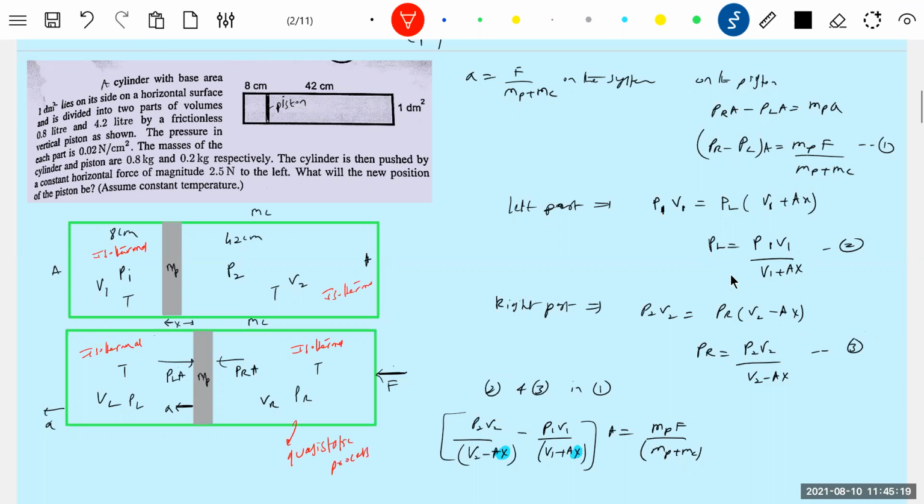On paper, practically, there are so many parameters. There will be friction between the piston and the container. So many things will be there. Most of the processes are irreversible in practice. On paper, we just put it that all the processes are reversible. But in practice, all the processes are irreversible.